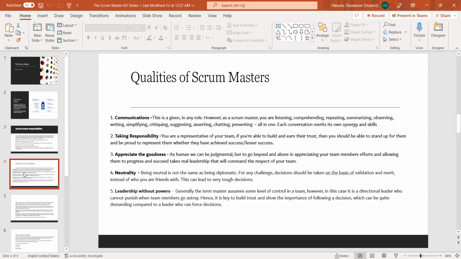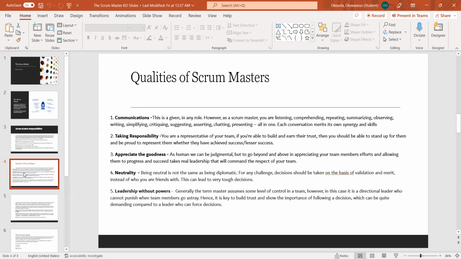So you need to be extremely neutral. You need to belong to everybody, if I may say, right? You don't have to rate someone higher than the other in the team. You don't have to say, this is my friend, I am going to give you preferential treatment. No, everybody needs to know that you are for them and you are not for anybody in particular.